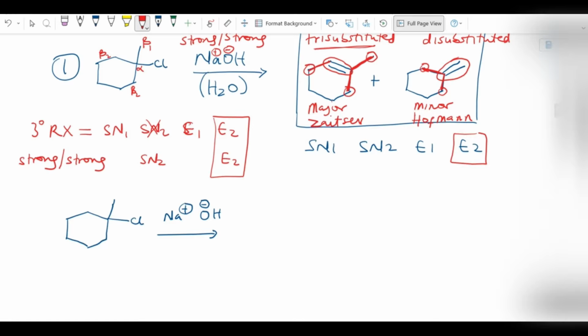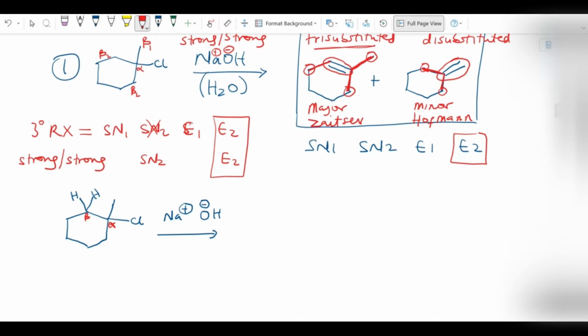So to form the major product, my base will pull off a proton from this beta carbon. This is our alpha carbon, and that's the beta carbon.